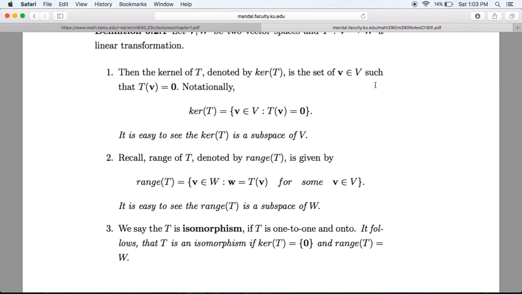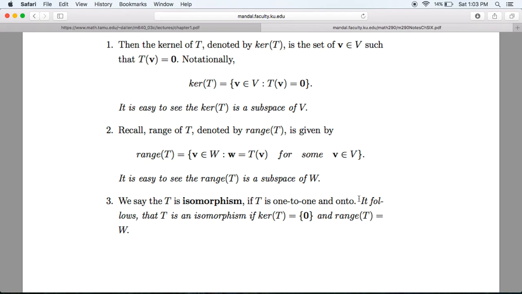So an isomorphism is a special kind of function which is both one-to-one, that is injective, and onto, that is surjective. So this makes T into a bijective function. So if T is in vector spaces, T is a linear isomorphism if T is a bijective linear transformation.